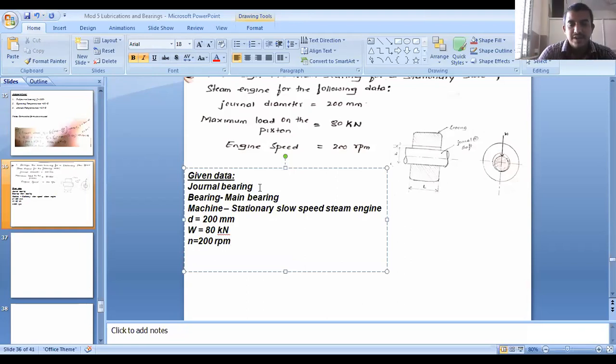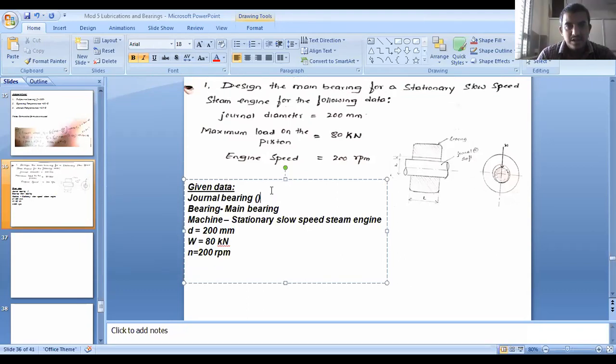Now we'll go for the complete design of the main bearing. First we go according to certain steps. Once you write the given data, please check the units. The type of bearing is journal bearing, under that the main bearing, and the machine is a stationary slow speed engine. Diameter is given in millimeter, convert into meter. 200 millimeter, as you know 1 millimeter is equal to 10 raised to power of minus 3 meter.